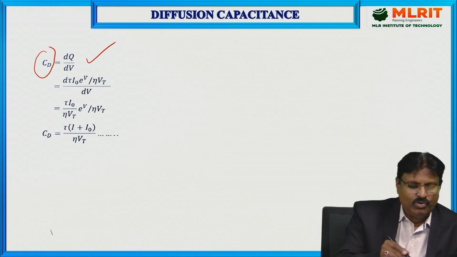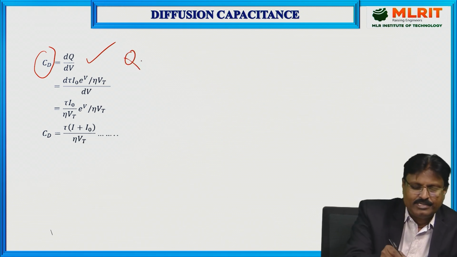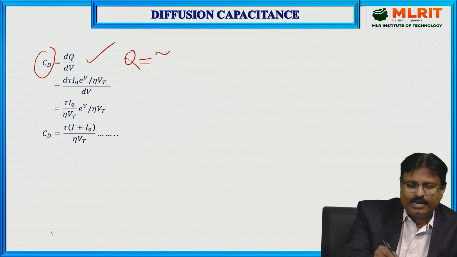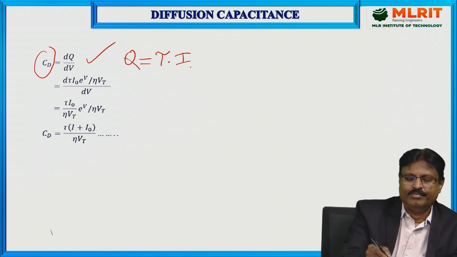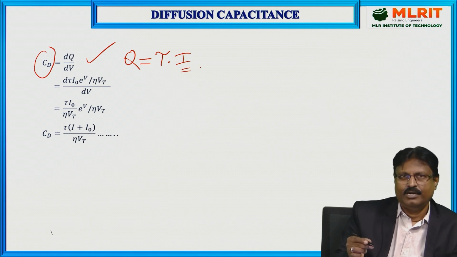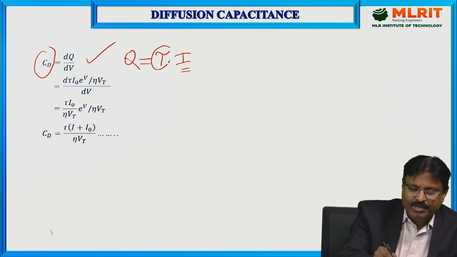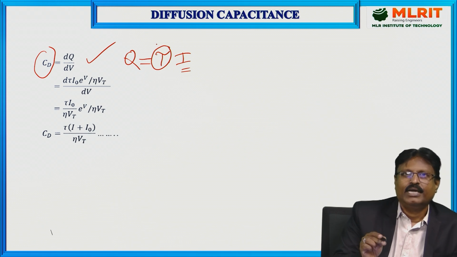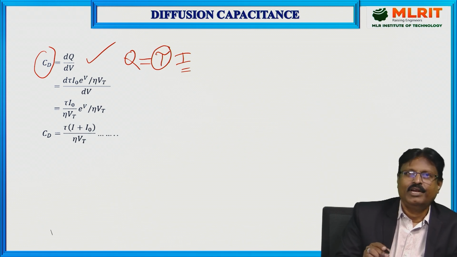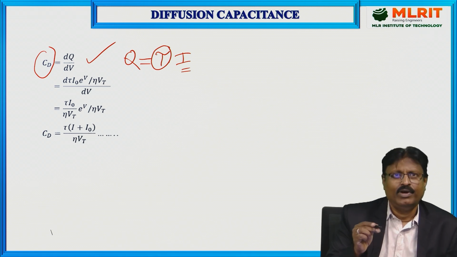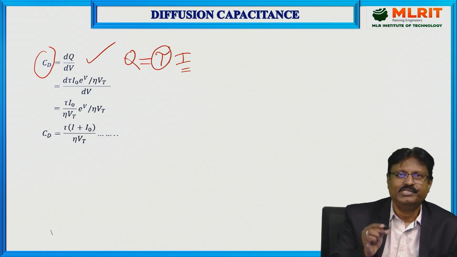Q can be written as tau into I, that means the time taken by the electron into I, the current through the diode. Tau is the mean carrier lifetime of the electron. Whenever an electron jumps from the valence band into the conduction band, it will stay there for some time.